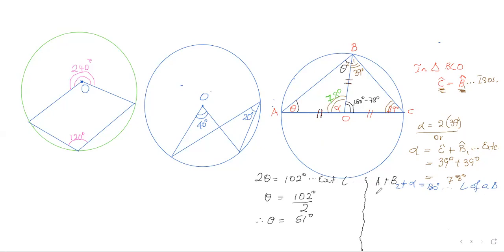So I can write theta for A and theta for B2.